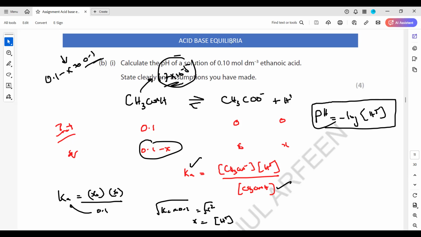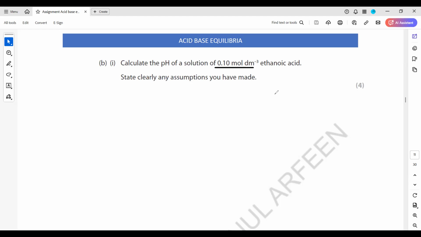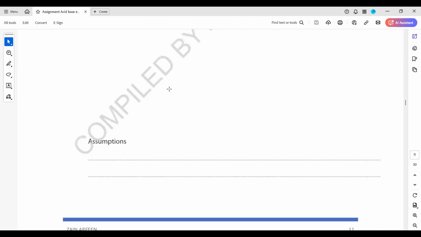If it was a strong acid, then the initial concentration will be the same as the concentration of the hydrogen ion, because the ratio is 1:1 for hydrogen ion. And what is our assumption? Always remember the assumptions for calculating weak acid and weak base. We assume that the acid does not dissociate too much, and that all of the hydrogen ions come from the dissociation of the weak acid.